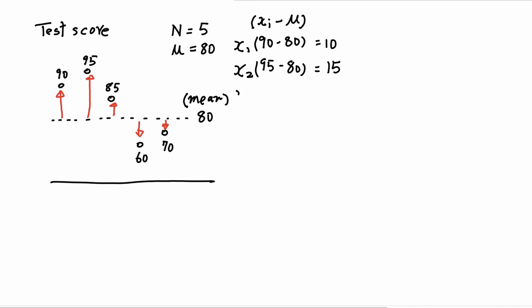Okay, I'll carry on with the rest of the students. We had 85 here. 85 minus 80 equals 5. 60 minus 80, which is negative 20.